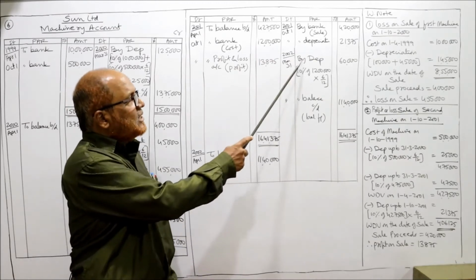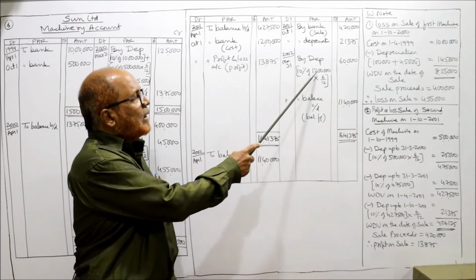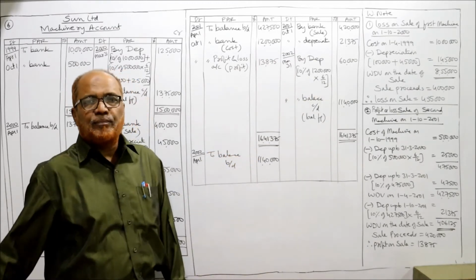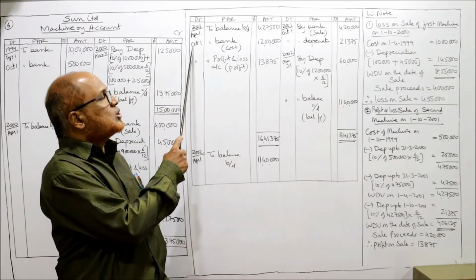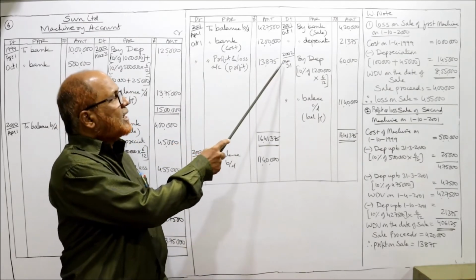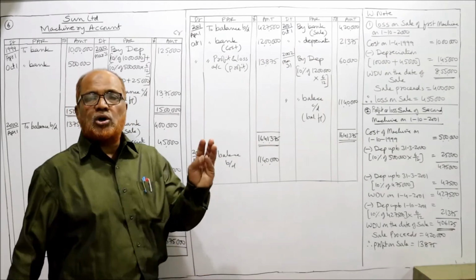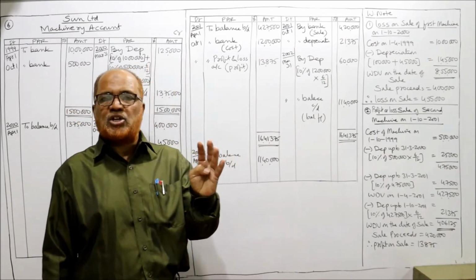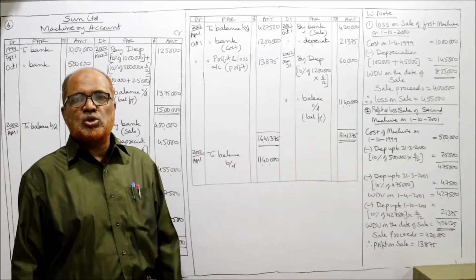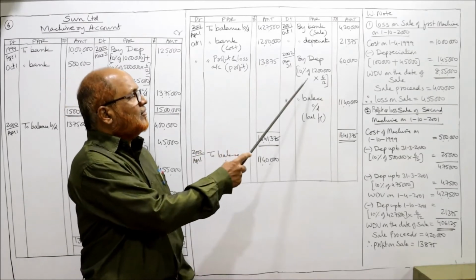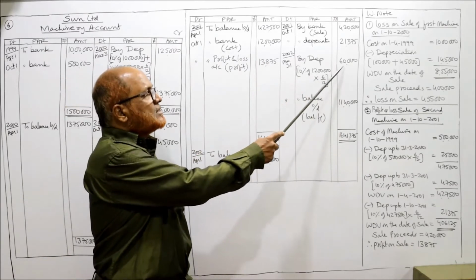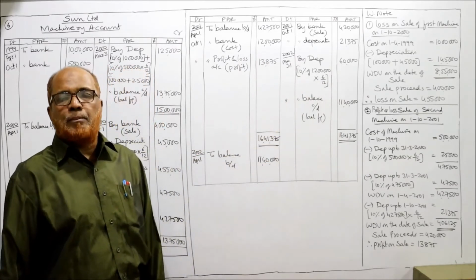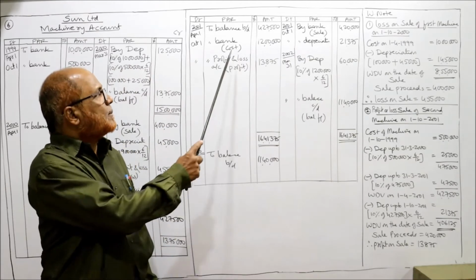So by depreciation, 10% of 12 lakh into 6 by 12, because we have purchased the machine on October 1 and we are closing the accounts on 31st March. So October, November, December, January, February, March, 6 months the machine is used. So 10% of 12 lakh into 6 by 12, 60,000 rupees the depreciation for this machine.